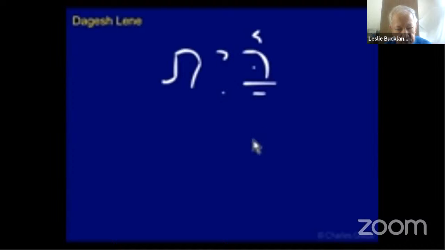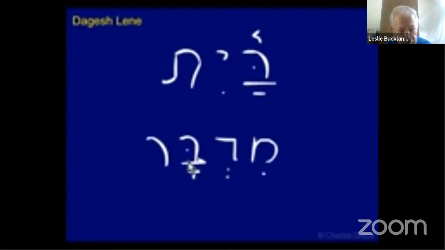Okay, do another one. Do midbar, which I think we already have seen. It means wilderness, midbar. And let us put our syllable division in there. So here we have a bait, which is a Bagad Kafat letter, and it begins a syllable, and there is no preceding vowel.